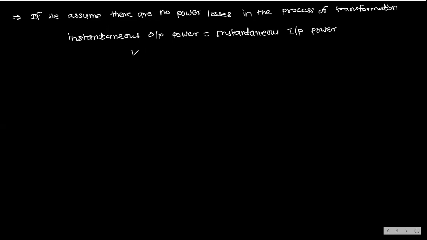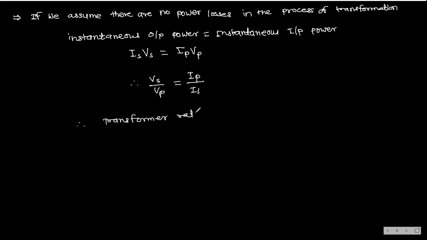So PS is equal to PP and therefore PS by PP is equal to IP by IS, and therefore transformer ratio R is equal to NS by NP is equal to VS by VP is equal to ES by EP is equal to IP by IS.